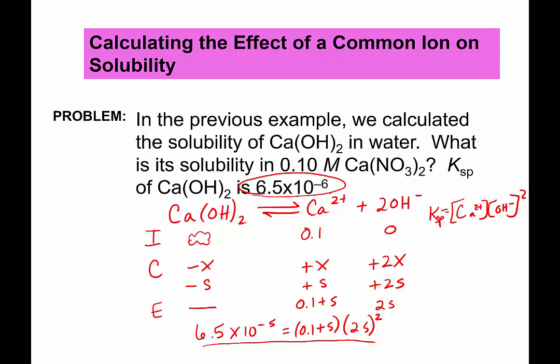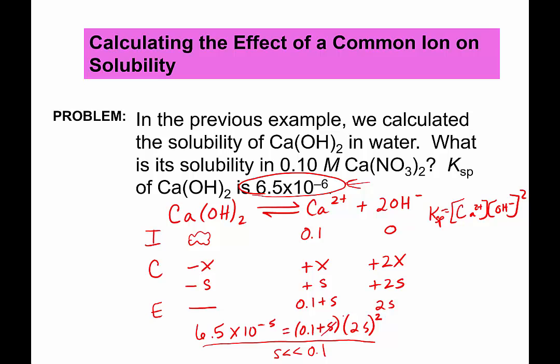And so what we can do is we can say that, okay, because this Ksp is very small, the amount of calcium hydroxide that's going to dissolve is going to be very little compared to our calcium nitrate concentration. So we're going to say that S is very, very small compared to our calcium concentration from the calcium nitrate.